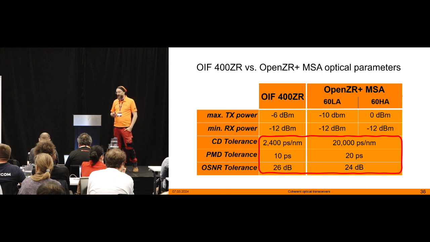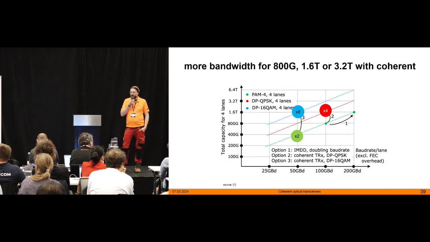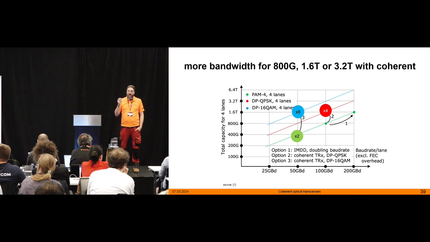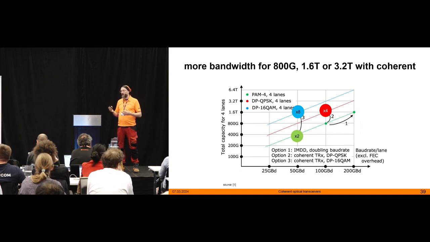I said at the beginning that coherent technology with the DSP inside is somehow a game changer in optical transmission. And when we look at this screen now, we can increase the bandwidth multiple times just with the fact that we use raw compute power within a transceiver. This is an enabler also for upcoming technologies like 800 gig or 1.6 terabit or even beyond that.